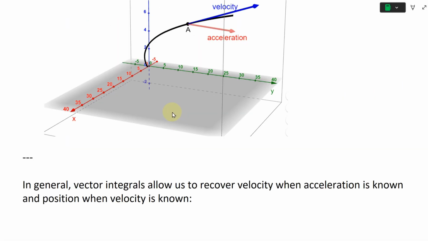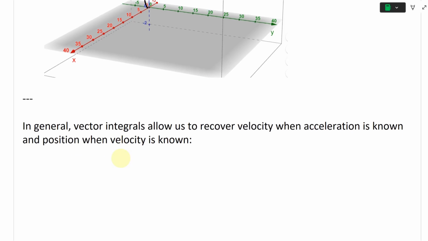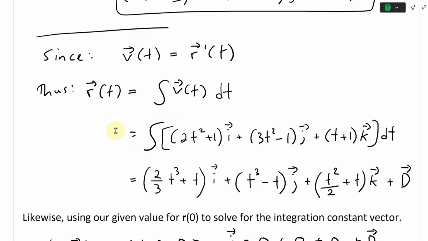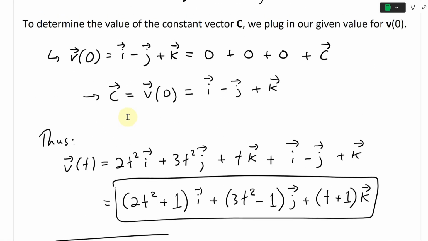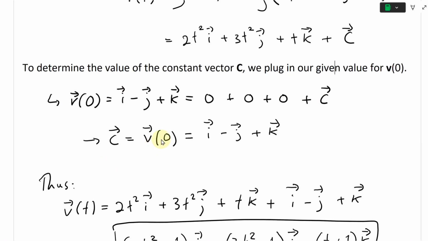To summarize all this, in general, vector integrals allow us to recover velocity when acceleration is known, and position when velocity is known. We could write this out: if we have acceleration, the velocity v of t is equal to the integral of it, and remember, our integration constant for velocity, the c, just equals the initial velocity, v of 0.